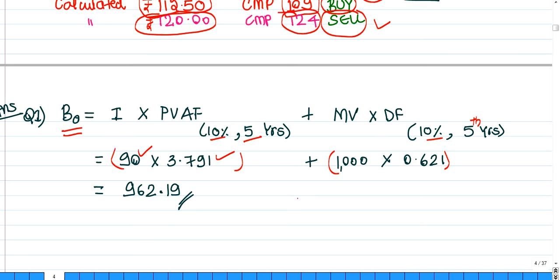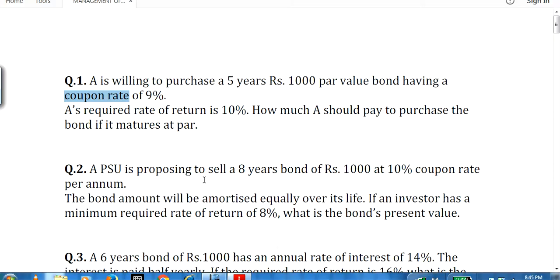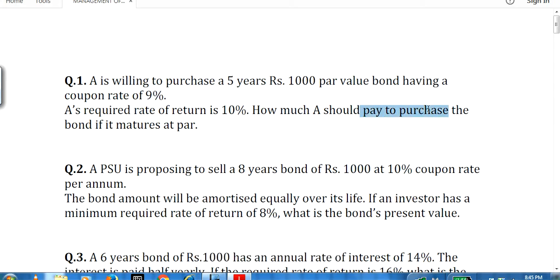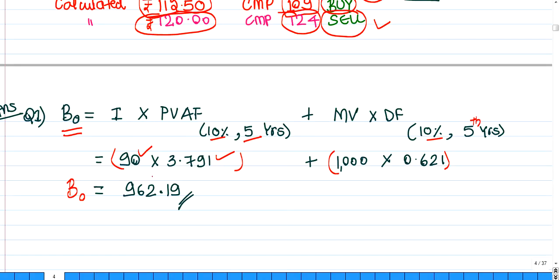So the answer is 962.19, that is the value of the bond. This is how much he should pay to purchase the bond if it matures at par, 962. That is the value of the bond.